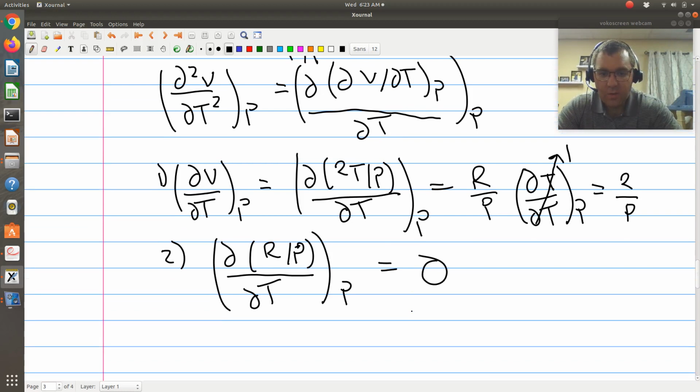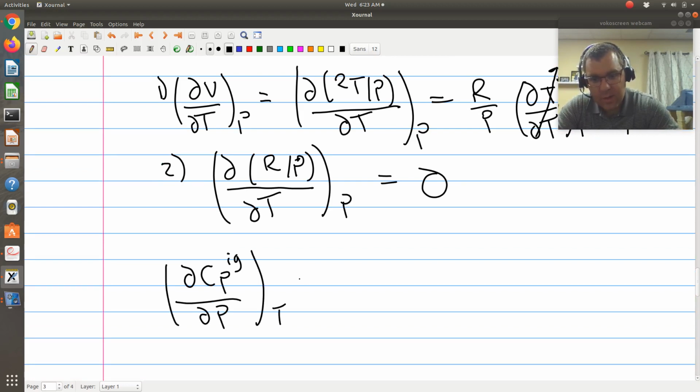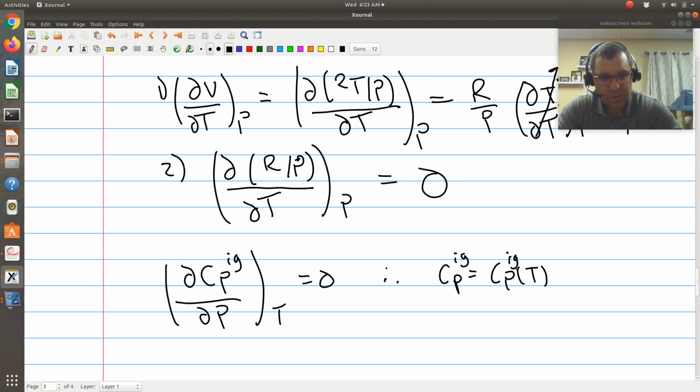So you just proved for an ideal gas that dCp/dP at constant T is equal to 0. Therefore, for an ideal gas, Cp is independent of pressure. So Cp is only a function of temperature for an ideal gas.